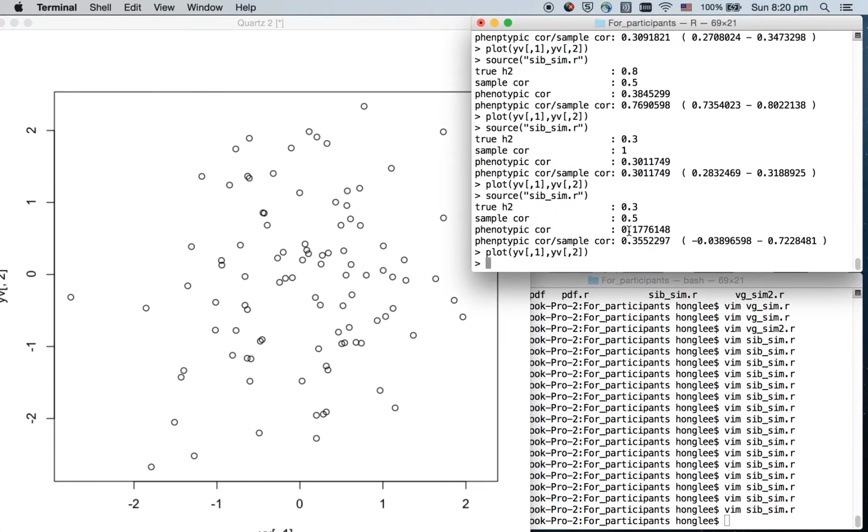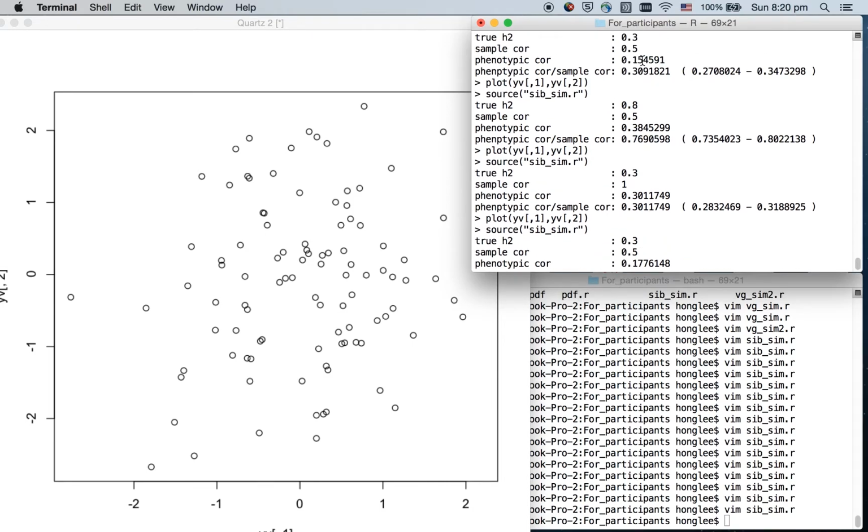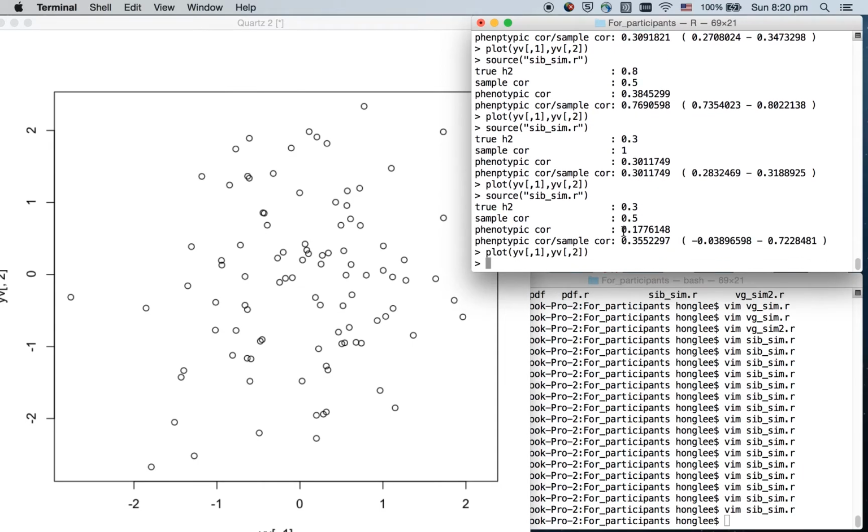But in this case, the phenotypic correlation compared to the first one, there is 0.15. So it's not much different. Actually this is a high sampling error, large variance, right? Based on also this CI. So sometimes it gives 0, sometimes it gives 0.3. It's a lot fluctuating, but the mean should be similar to this.